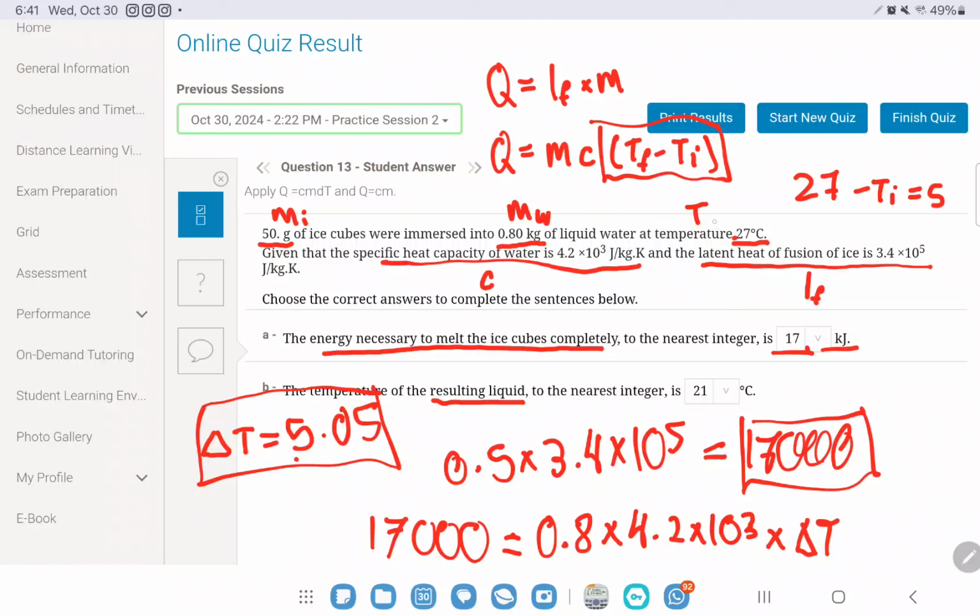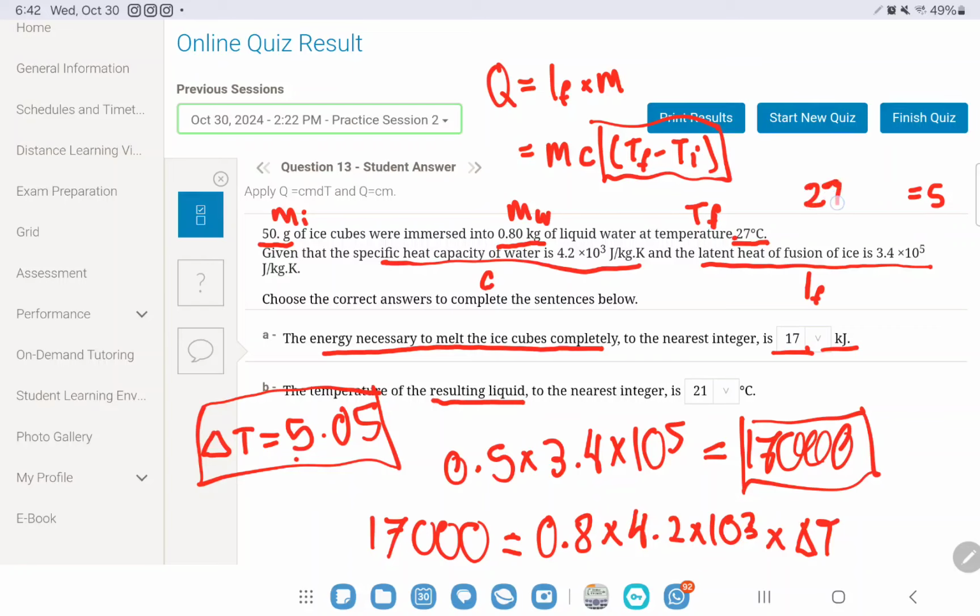Okay, never mind, this is T initial, we're finding T final. Sorry guys, I keep mixing it up, I don't know why. Guys, let me pause. I reread the question. This is T final, we're finding T initial.